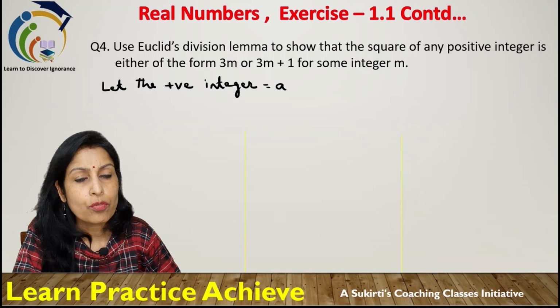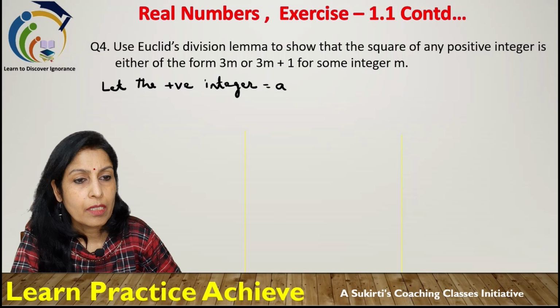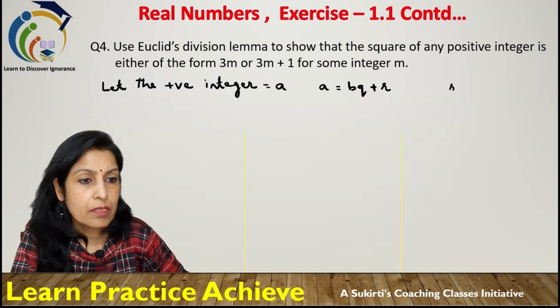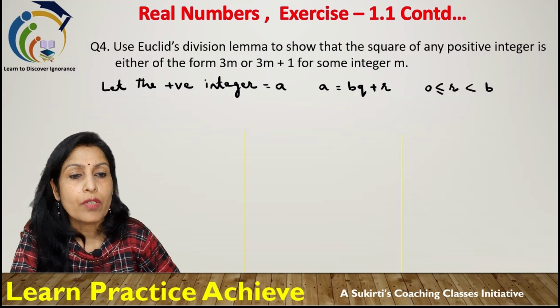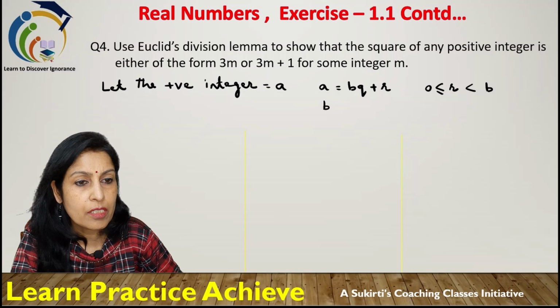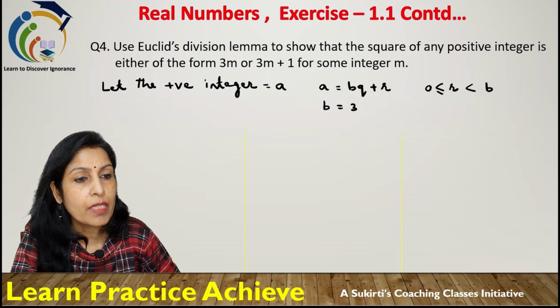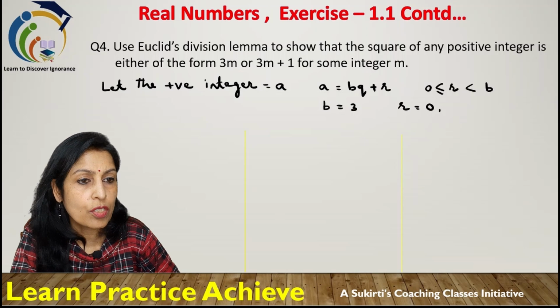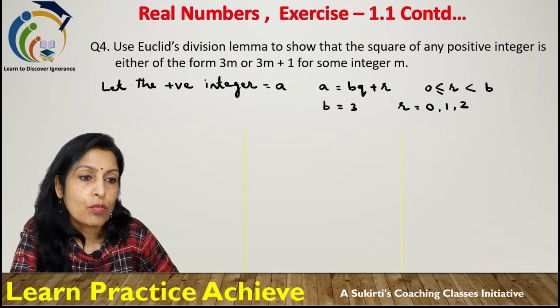If we use Euclid's division lemma, what is a? a is equal to bq plus r, where r is greater than or equal to 0 and less than b. So according to the question, if you see 3m and 3m plus 1, what is b here? b is equal to 3. Then if b is 3, what is r? r is equal to either 0, 1 or 2.